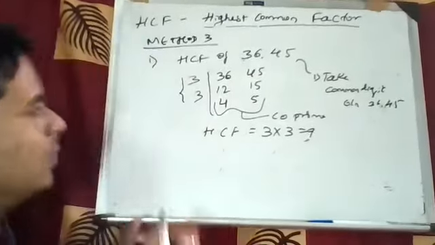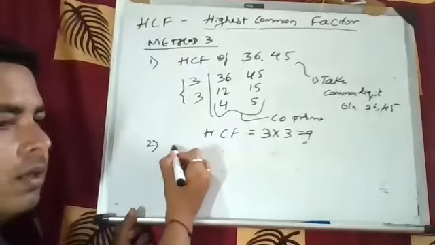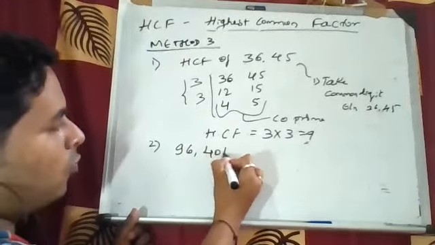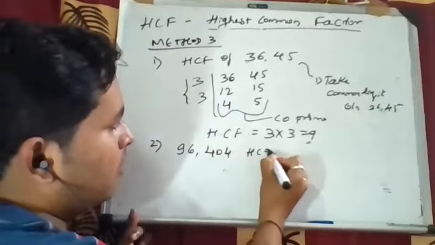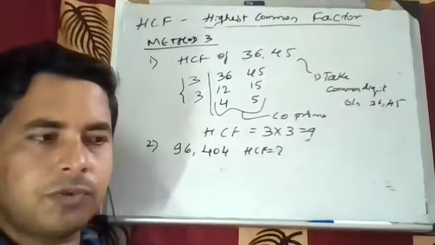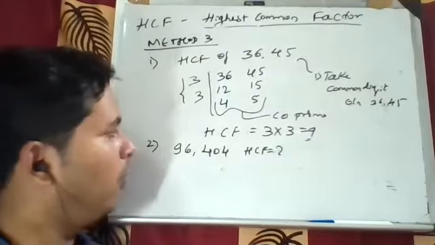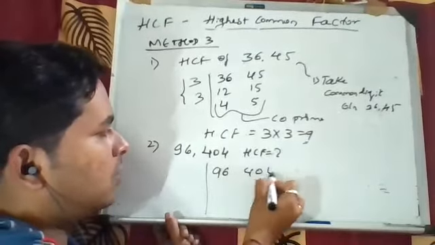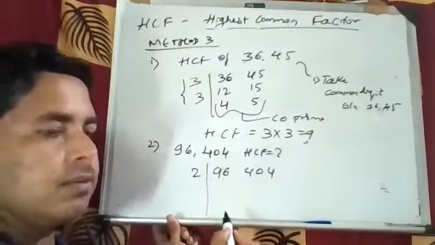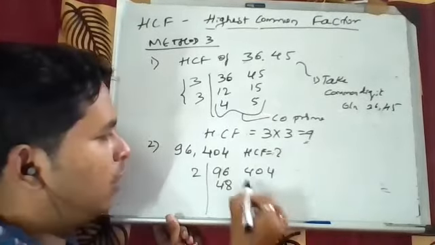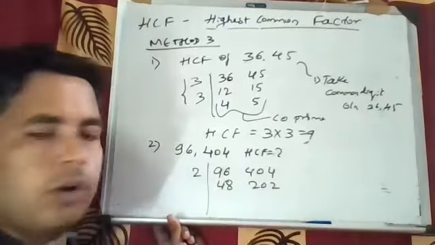Same way, I'll take one more example: 96 and 404. So HCF is what? The common factor between 96 and 404 is 2, and I'll take it. 48 2s are 96 and 202 2s are 404.